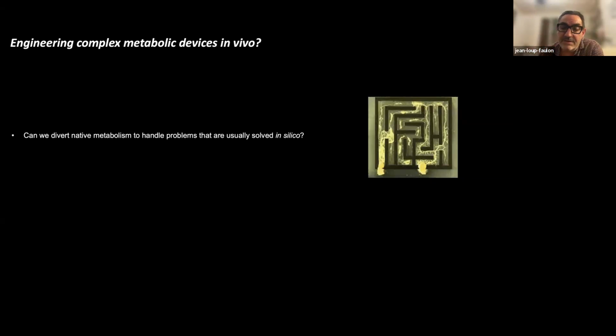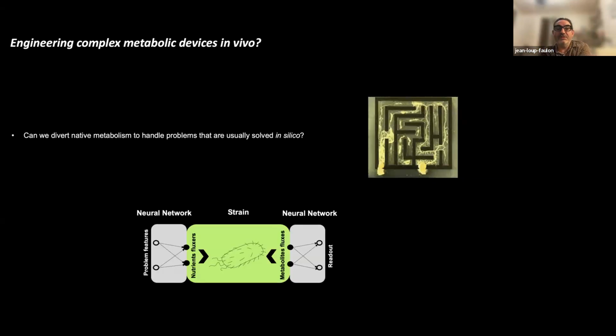So we wanted to look further into this. The way we phrased the problem was, let's say we have a strain, and we wish to probe if that strain is capable of solving a classification or a regression problem. The way we are going to do this is that first we take the problem, and a machine learning problem usually has features that describe the elements of the problem.